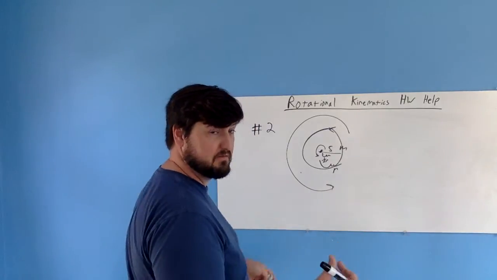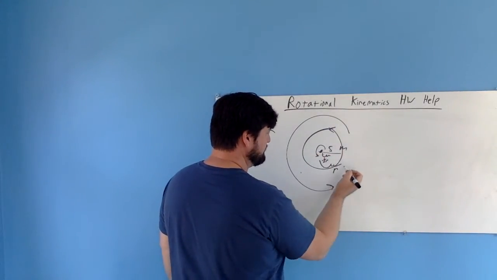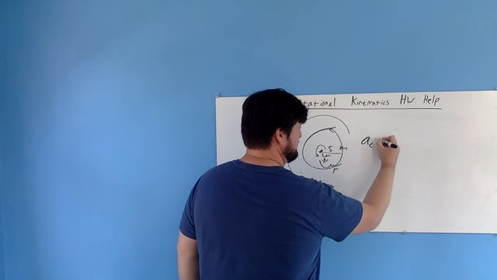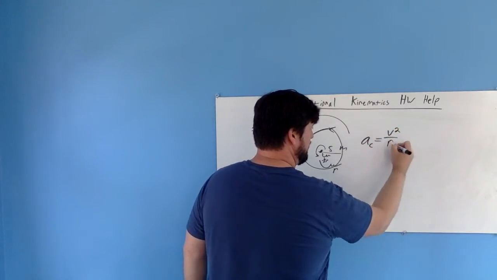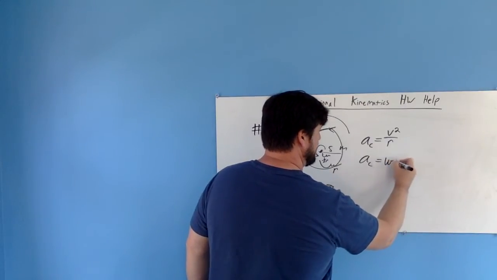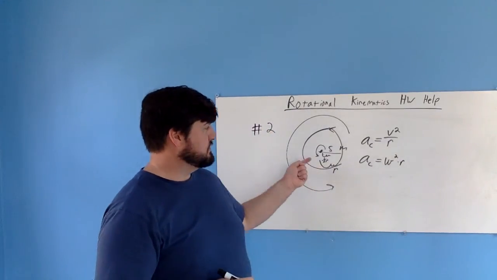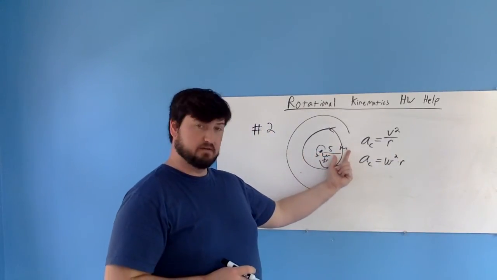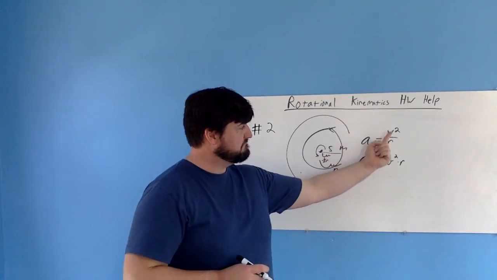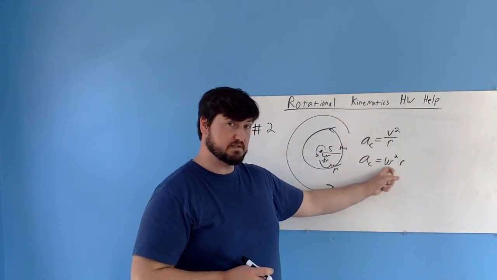Well, centripetal acceleration, if you remember, is v squared over r, or omega squared times r. So you can imagine, as you're farther out on this wheel, you've got a higher v, even though your angular velocity stays the same.